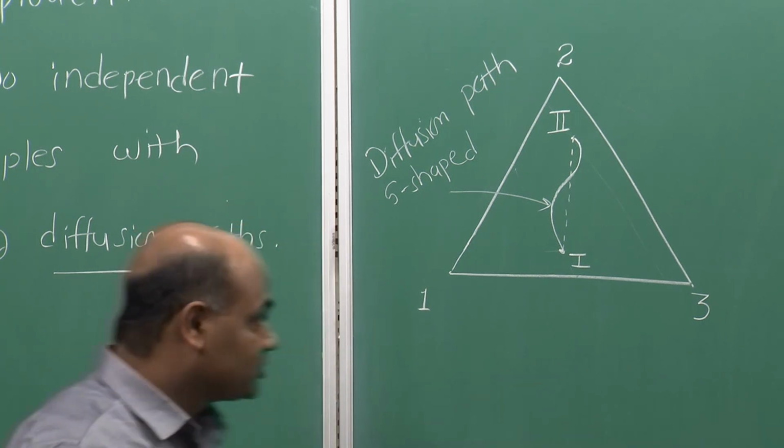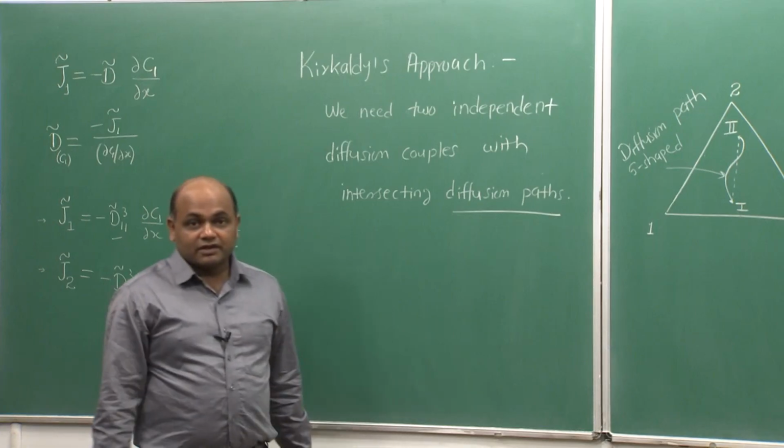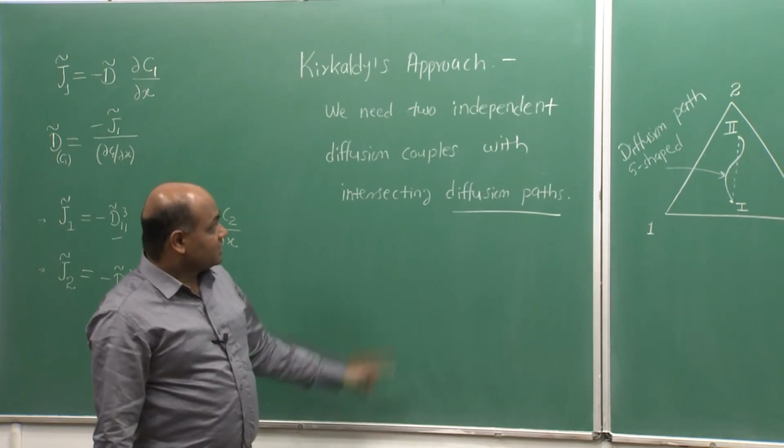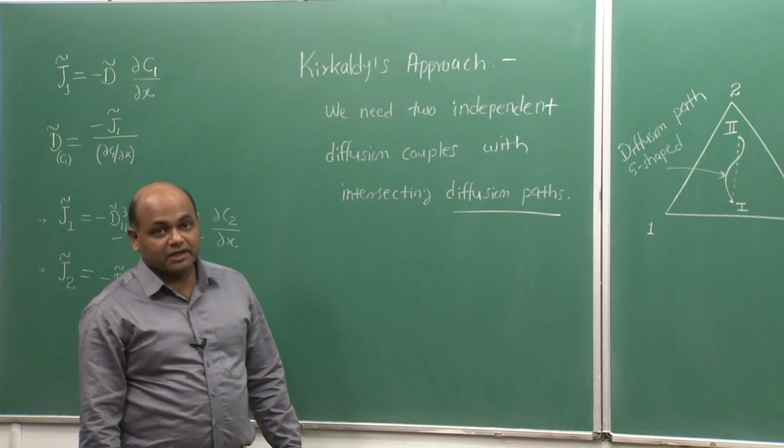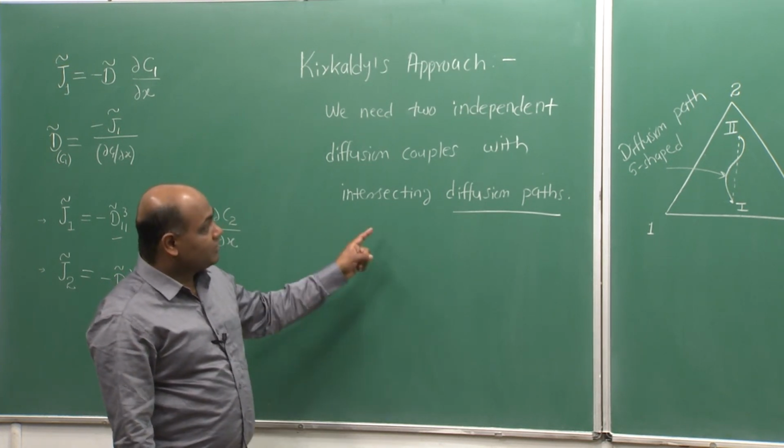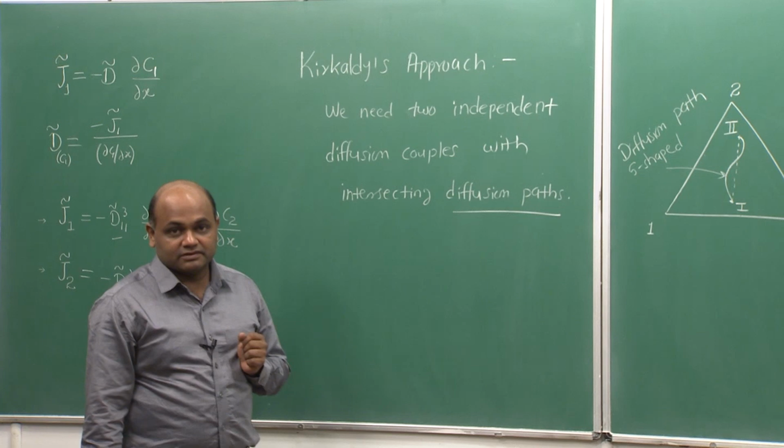Now, coming back to Kirkcaldy's method for determining ternary interdiffusion coefficients, we want two independent couples.